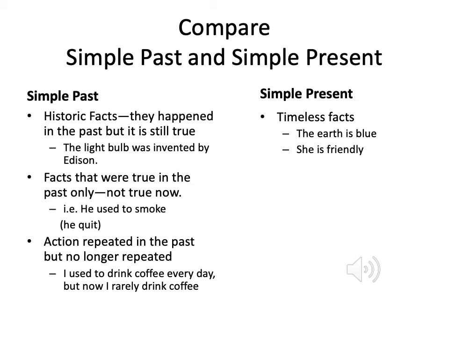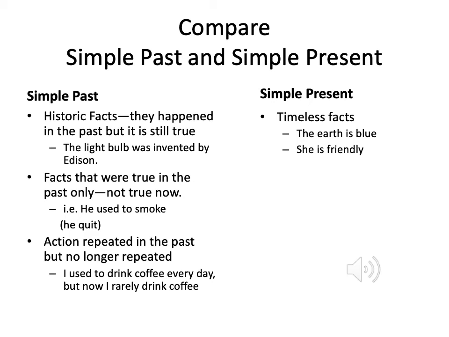Now here's a comparison with some examples of the simple past and simple present. Simple past is for historic facts. They happened in the past, but it is still true today. For example, the light bulb was invented by Edison.